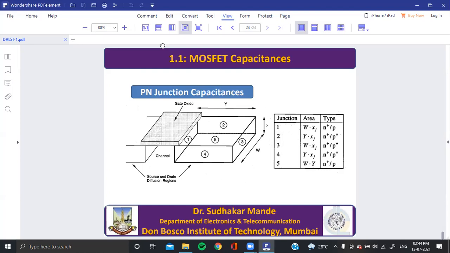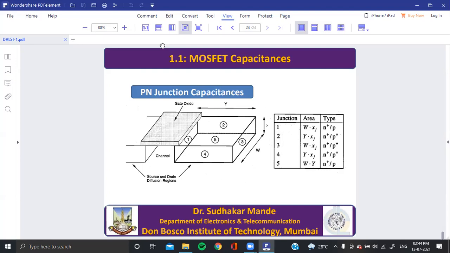So in total there are 5 junctions, 1, 2, 3, 4, 5, as shown in the figure. In this way, these capacitances will contribute to CGD, CBG, and CGS. These are the things you are supposed to learn today.